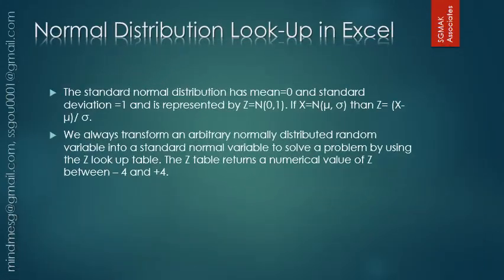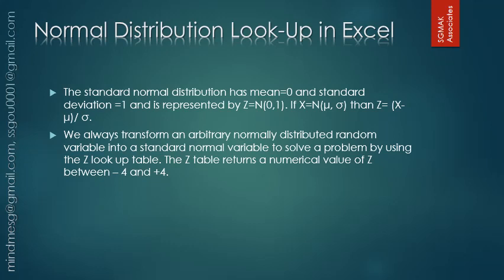So those are the general equations that you can use. The standard normal distribution has mean 0 and standard deviation of 1. Remember, it's represented by z, and you can always take an arbitrary normal distribution with a mean mu and standard deviation sigma and transform it into a standard normal by using the equation z equals x minus mu divided by sigma.